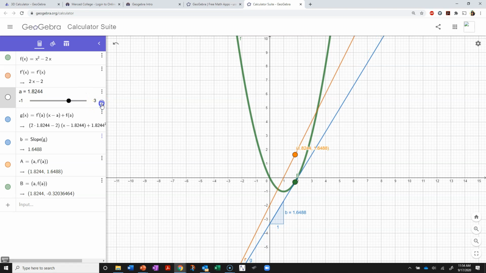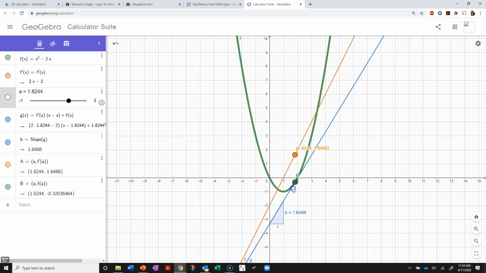And I can pause it at any point and I can see that they match: 1.6488, 1.6488. So what's happening is I'm calculating the tangent line for a bunch of different points on my function. Each of those tangent lines is graphed in blue.